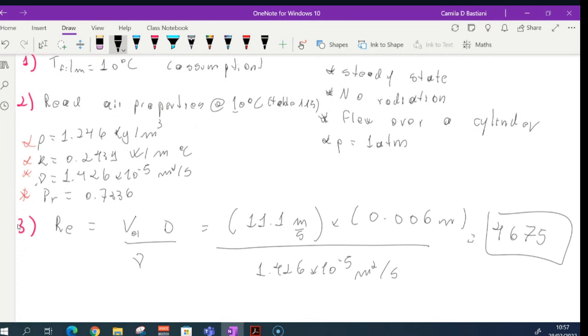Well, so for flow across a cylinder, that would be what? Turbulent or laminar?